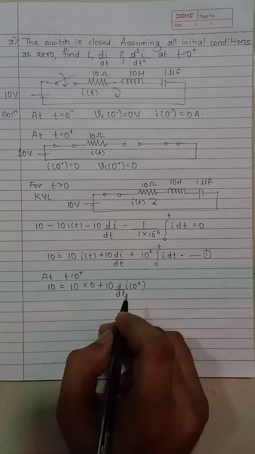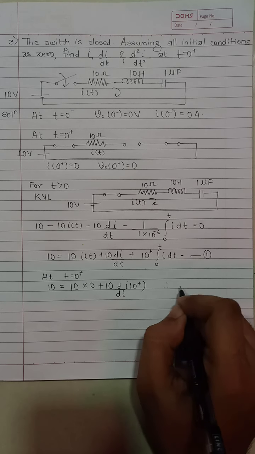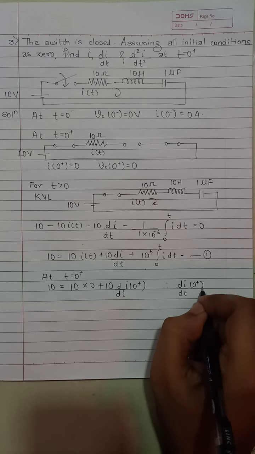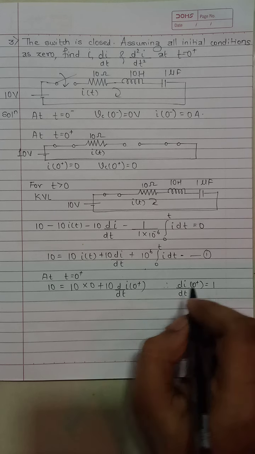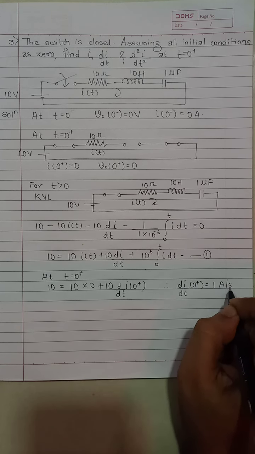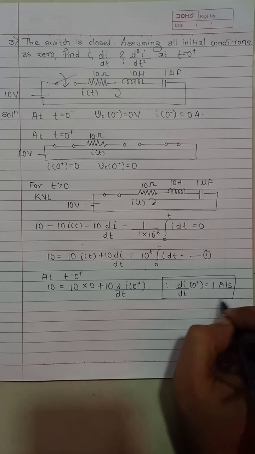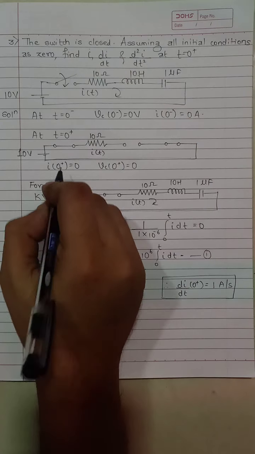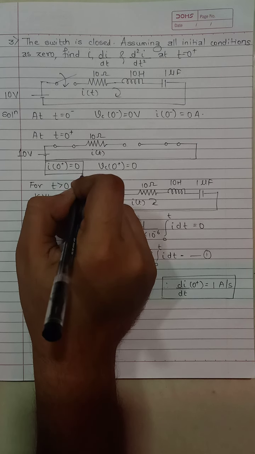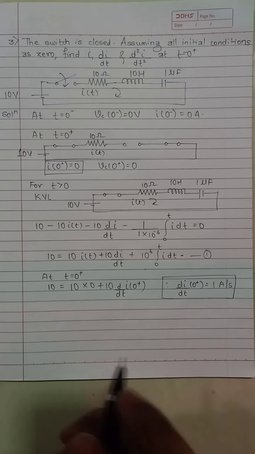From this you can find di by dt at 0 plus will be 1 ampere per second. So we have found I at 0 plus, and we have found di by dt at 0 plus.